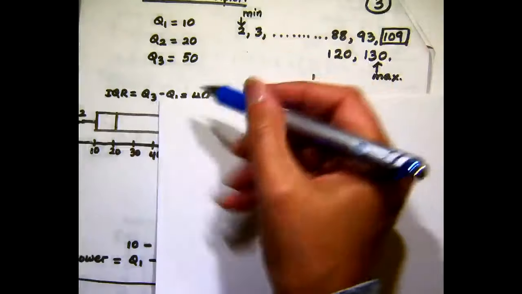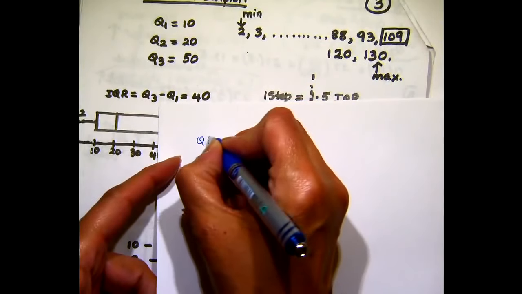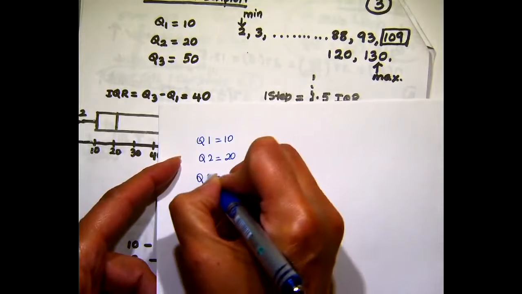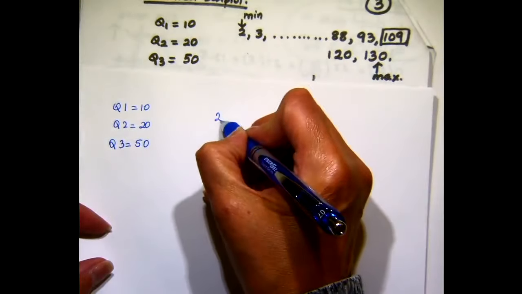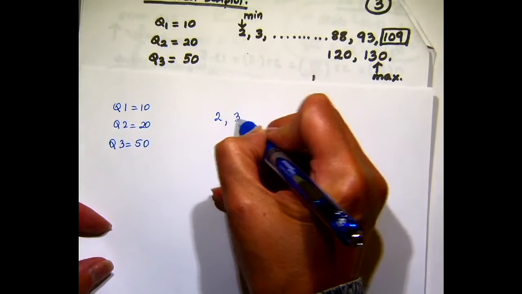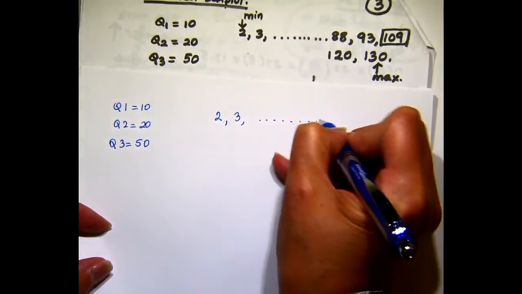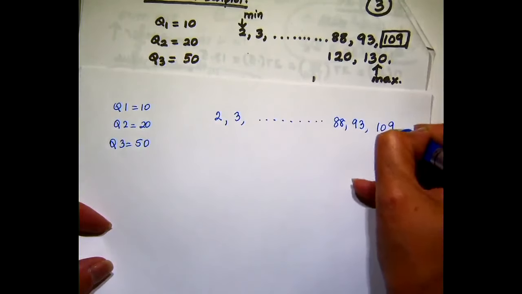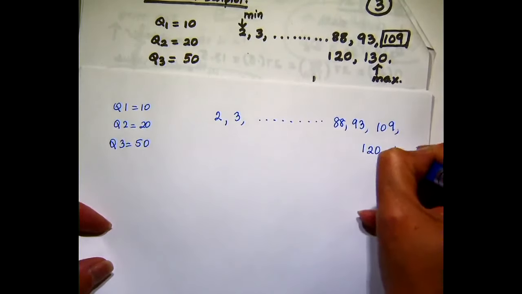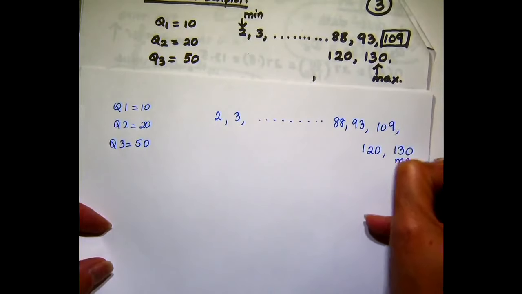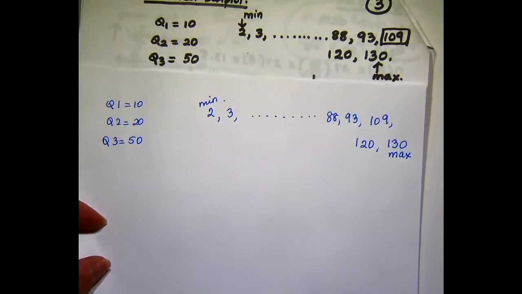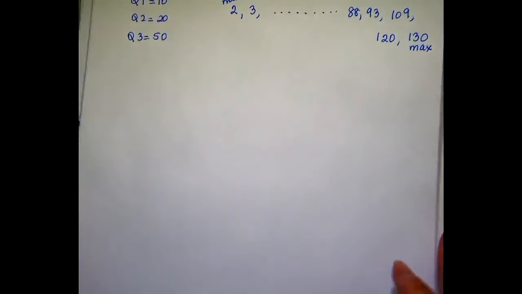Let's say that you're given the following information. Q1 equals 10, Q2 equals 20, Q3 equals 50, and they gave you the data: 2, 3, a bunch of data here, 88, 93, 109, 120, and 130 is the max. This is all given to you, the whole data set. And your job is to create a modified box plot.